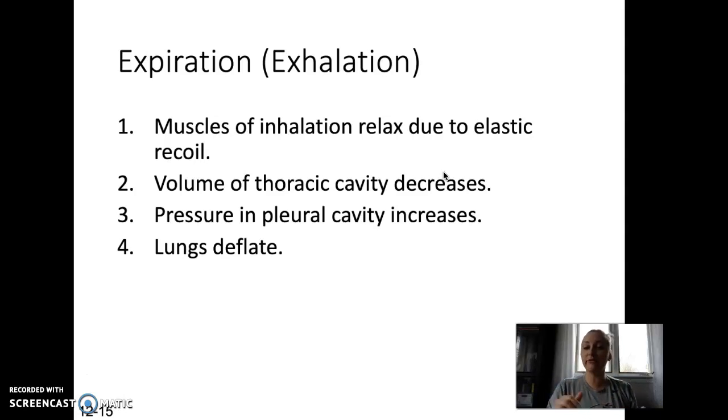The diaphragm shoots back up, and so the volume within the thoracic cavity decreases. When this happens, the pressure within the pleural cavity has increased, and that's why the lungs expel the air.